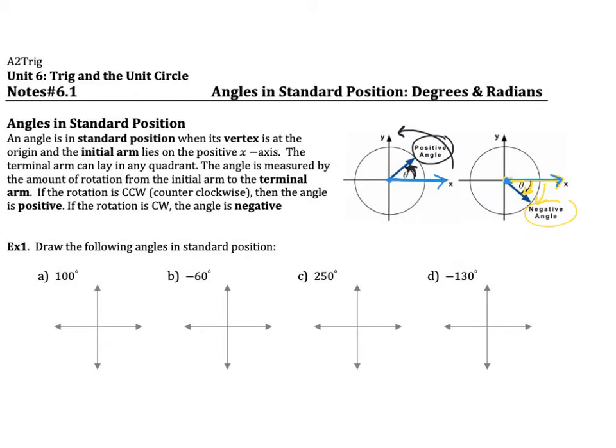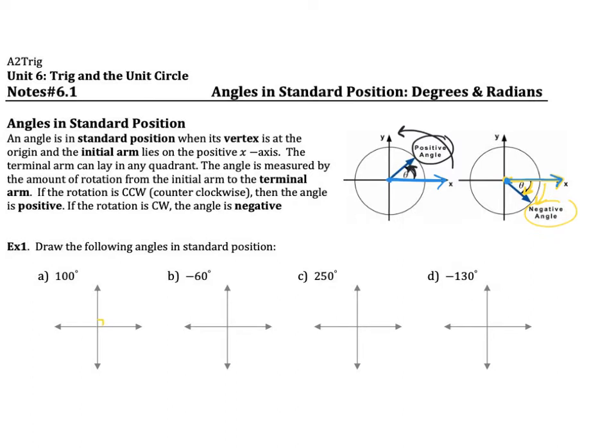So if you look at example 1, we're just going to ask you to sketch these angles that are listed A, B, C, and D to indicate their measures. One of the things you might want to recall is that the x and y axes are meeting at 90 degrees.